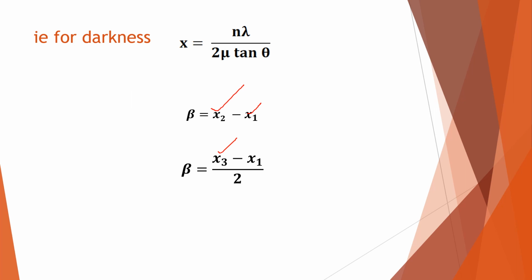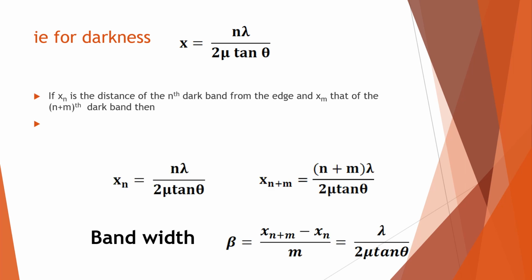Now, how can you write beta in terms of x4 and x1? It is beta is equal to (x4 minus x1) divided by 3, and so on. If x3 and x1 are the distances of the corresponding third and first dark bands, then also this is the formula for bandwidth, for dark bands as well as for bright bands.